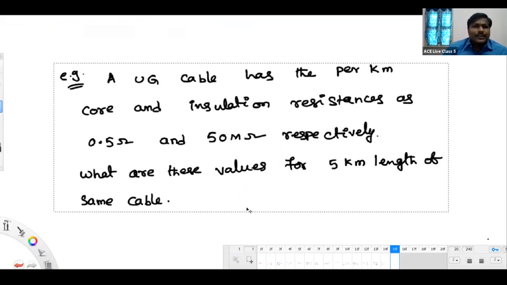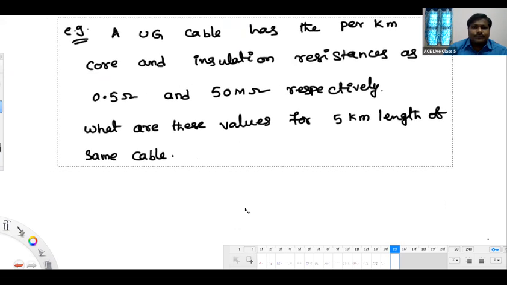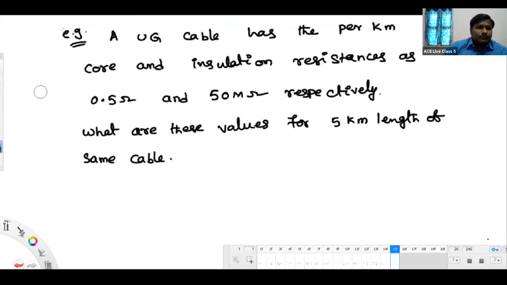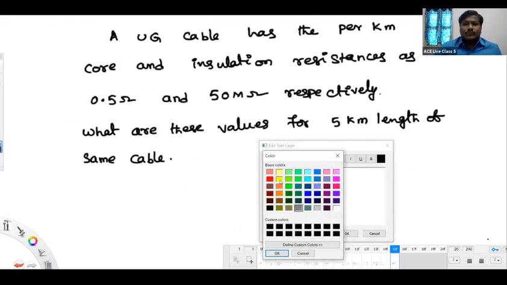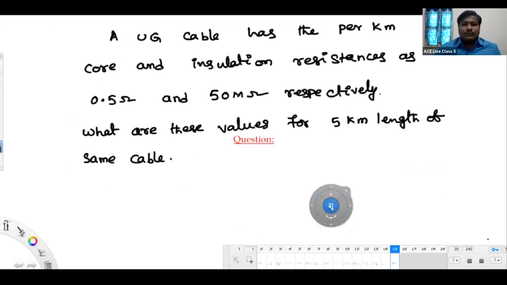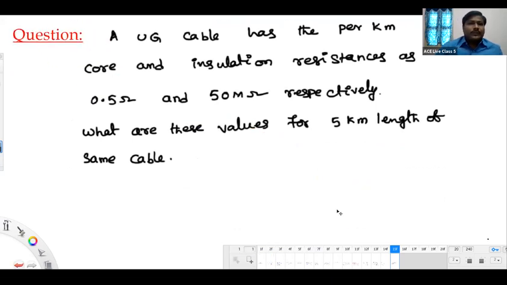An underground cable has per kilometer core and insulation resistances of 0.5 ohms and 50 mega ohms respectively. 0.5 ohm is a series resistance and insulation resistance of 50 mega ohm is the shunt resistance.